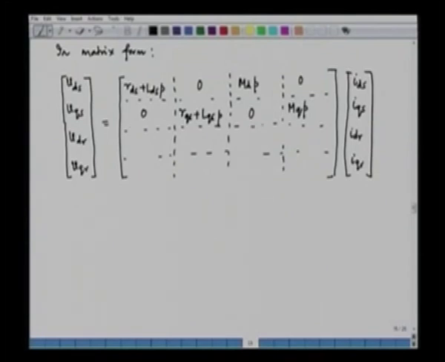Similarly, in the rotor equation, this is the d axis rotor, the third row. So we have RDR plus LDRP, and then we have the coupling MDP, this is the statically induced EMF, LDRP, MDP. Then we have the rotationally induced EMF in the rotor. The rotor is rotating, and due to rotation we have rotationally induced EMF, and those will be coming in the cross axis.